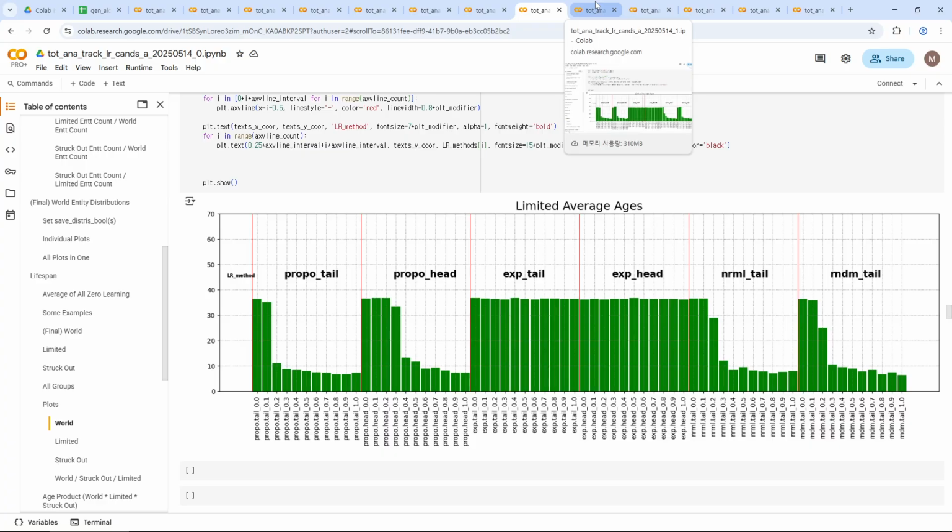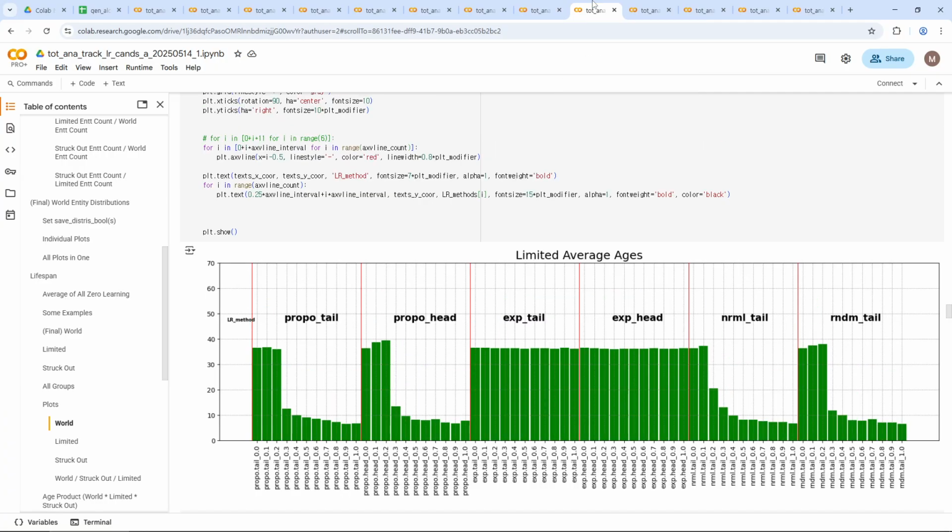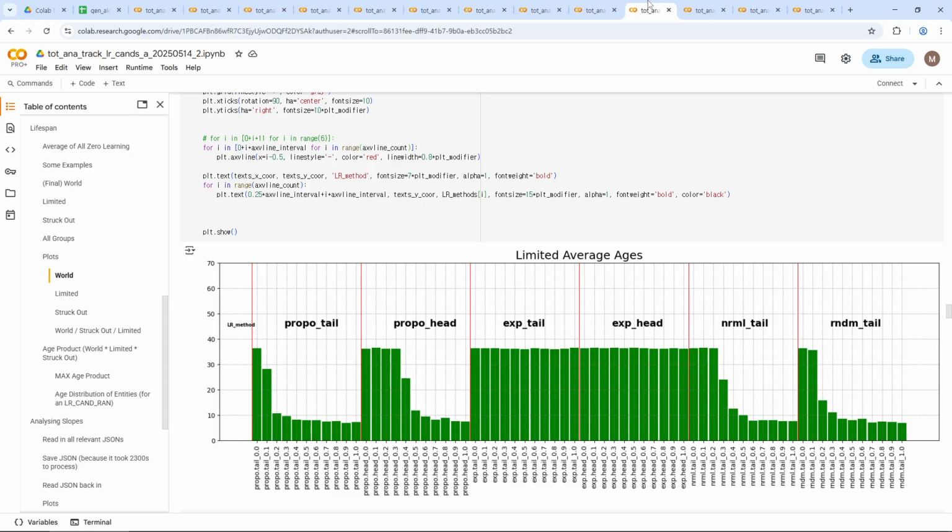Not that different. Quite similar, I must say.